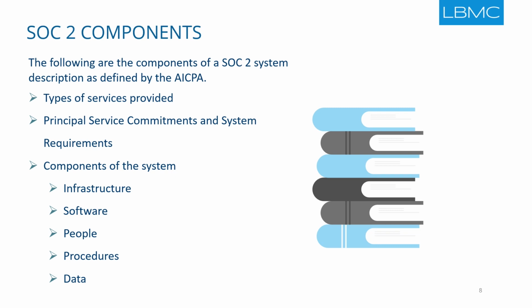While there's no required format for the system description, there is required content, which we will define at a high level here. Two common ways we see a system description organized is by components of the system, or alternatively, components of internal control.